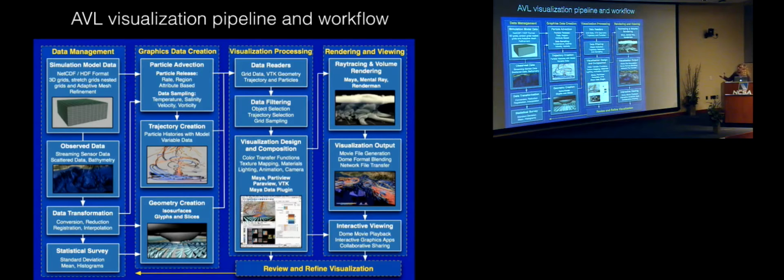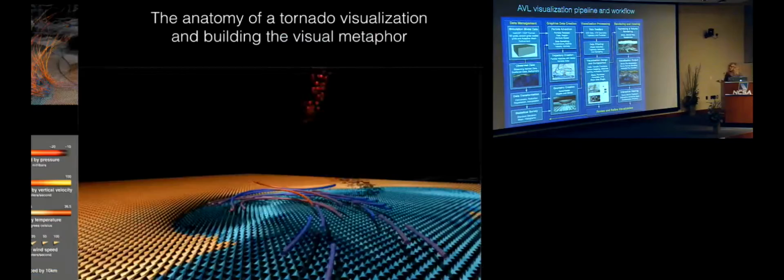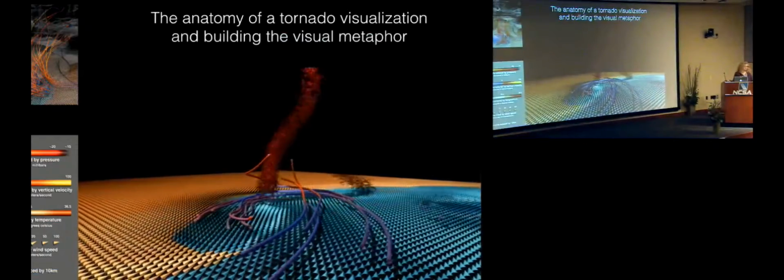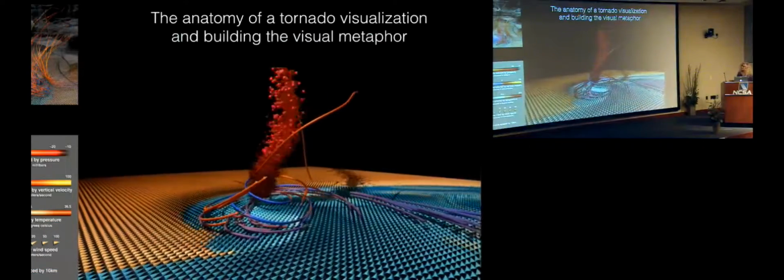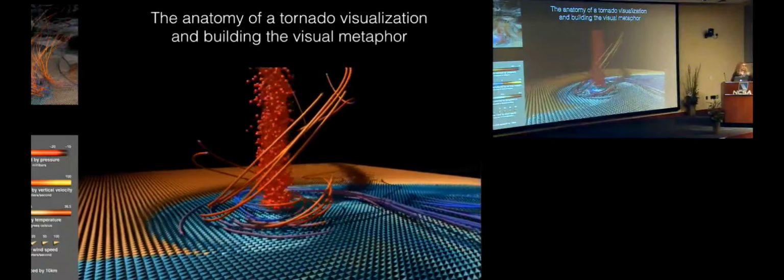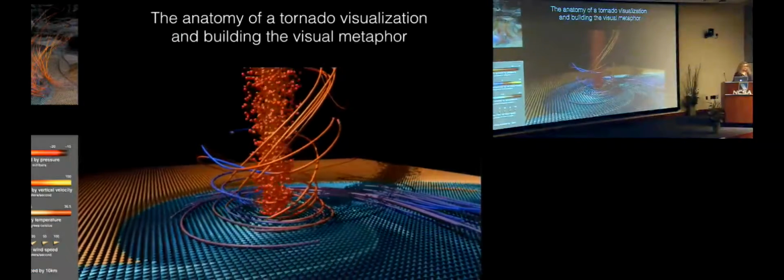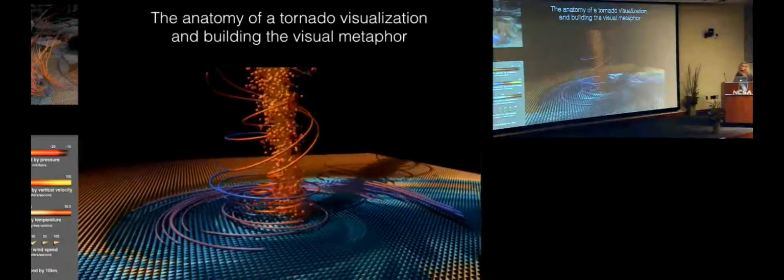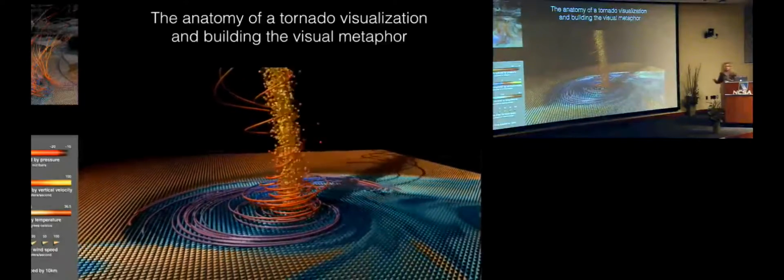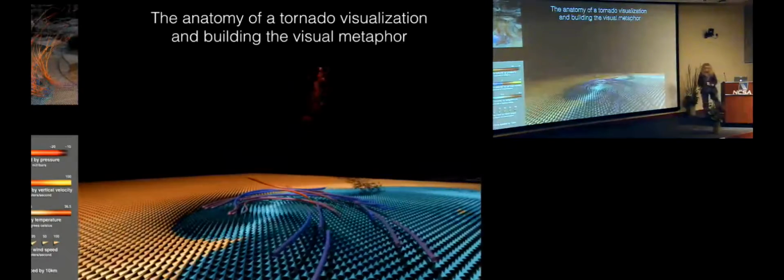So this is part of how we work: first with data, then we create the visual metaphor to represent it, and then we iterate with the science team again and again to refine that visualization and to communicate what the findings are.